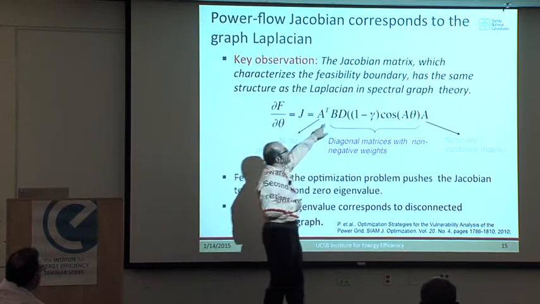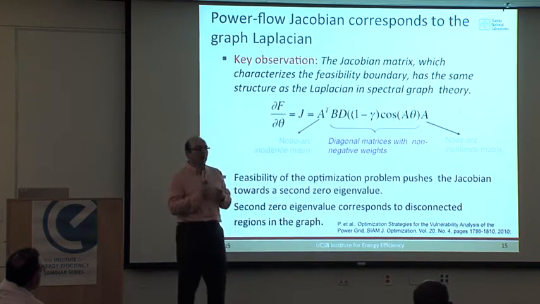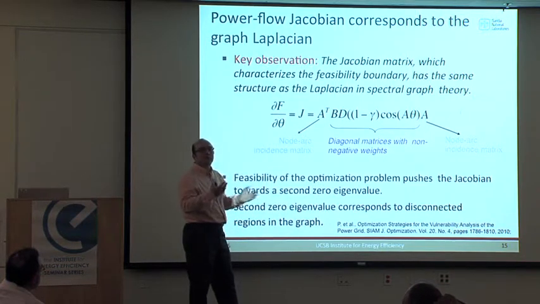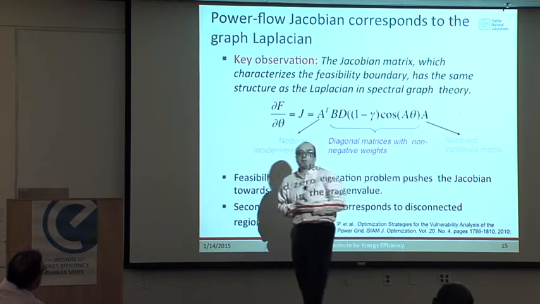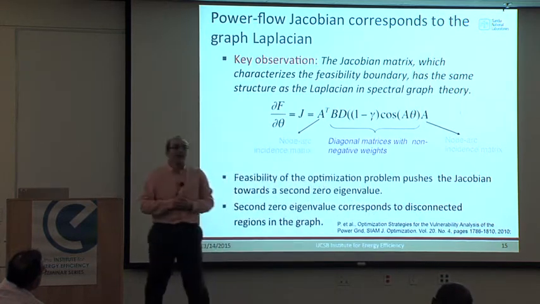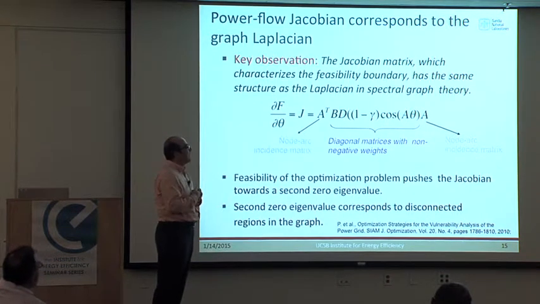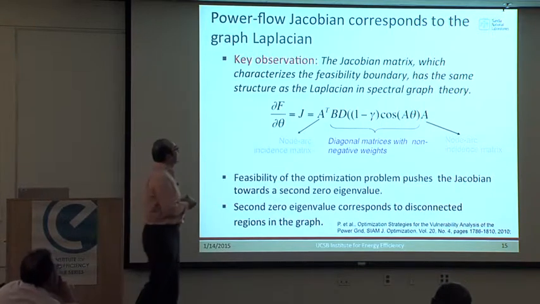What is in between is a bunch of diagonal matrices. B is, these are all constants, and this determines if I pick that line for removal or not. And if I remove it, that edge is canceled. Well, I put a weight, 0 weight on that. And this corresponds to the residual capacity of that line. And, well, the active flow is sine of A theta, and the cosine to me corresponds to the residual.